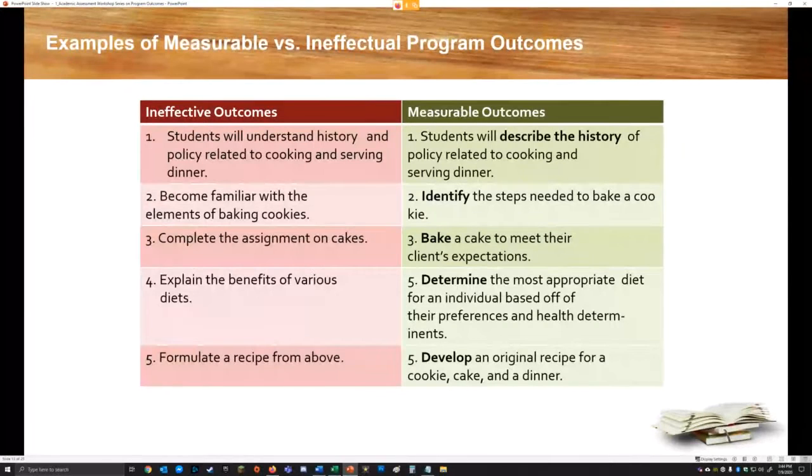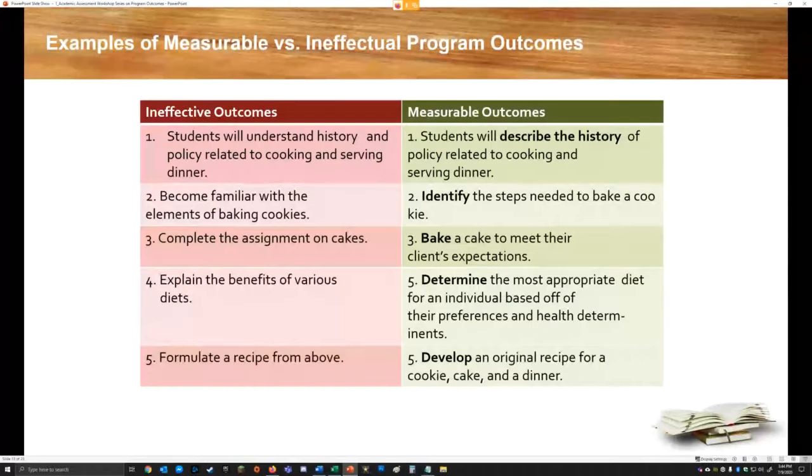So in this case, maybe a more effective outcome would be determine the most appropriate diet for an individual based off of their preferences and health determinants. So again, making it more specific and less broad, or kind of like a mystery.